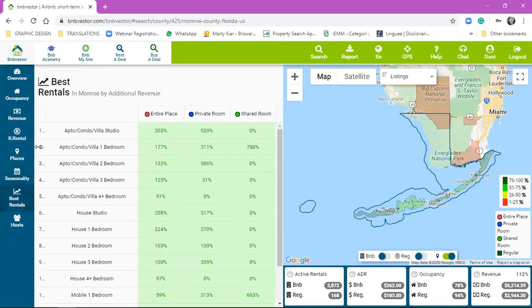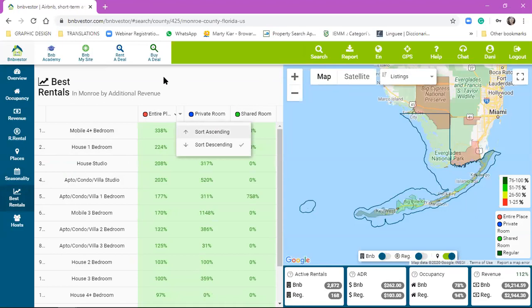Then we have the best rentals. The best rentals is going to give you the additional revenue per property, and then per room. For example, over here for apartment, condo, villa, studio, renting the entire place, it's going to be 338% of potential additional revenue.